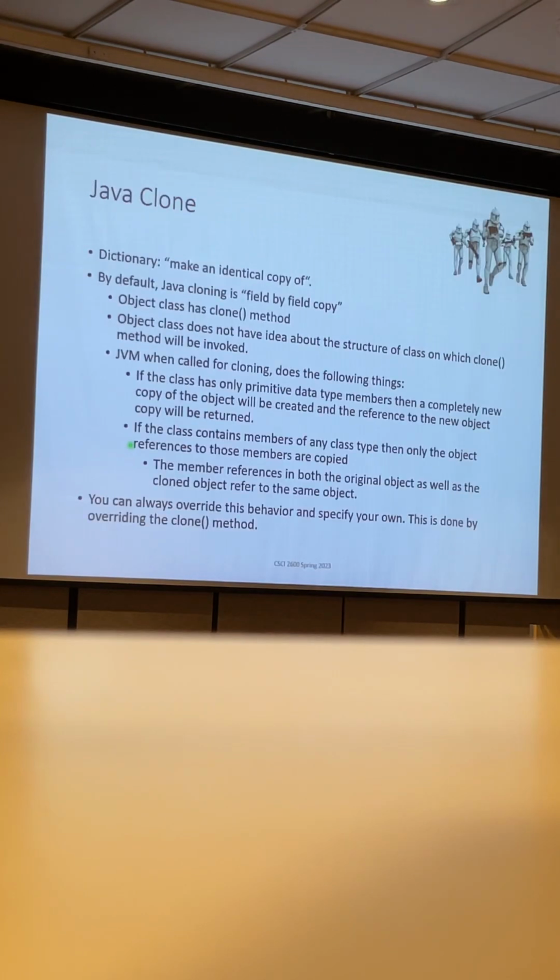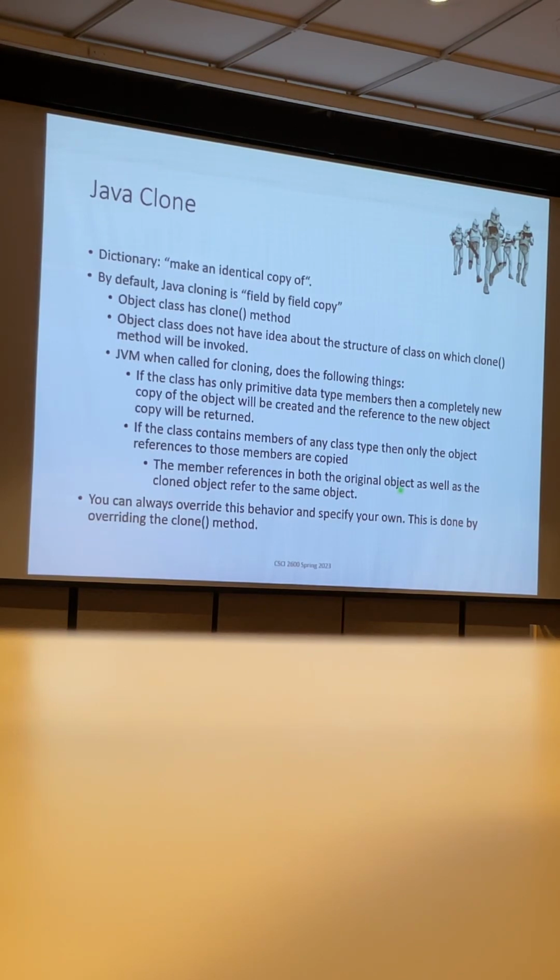There is this interface called Cloneable that any class that wants to support cloning has to declare that it implements. If the class does not implement it, it will still have a clone method, but an attempt to call that clone method would result in an exception called CloneNotSupportedException.